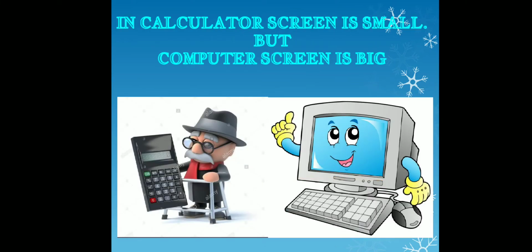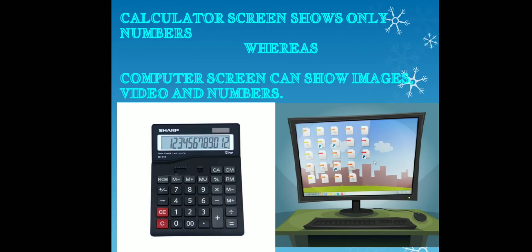As you can see, calculator screen is very small as compared to computer screen. So calculator screen is small, but computer screen is big. Now, calculator screen shows only numbers, as you can see on the calculator, and it's for calculation only, solving your maths problems only.